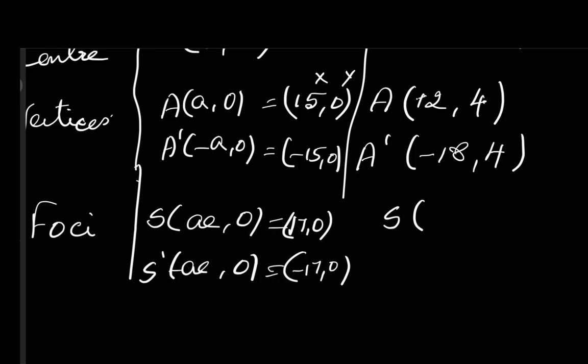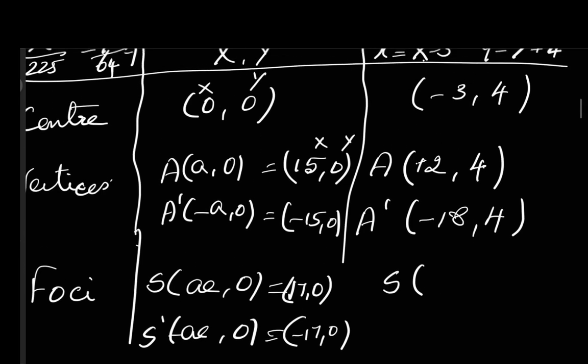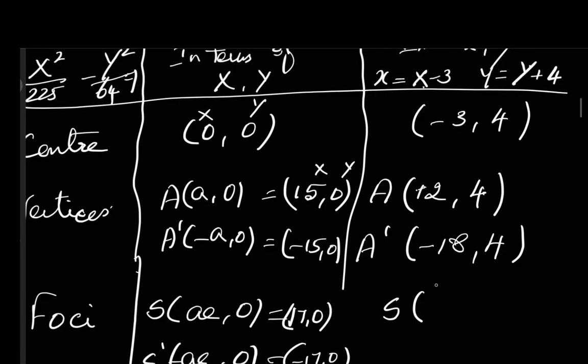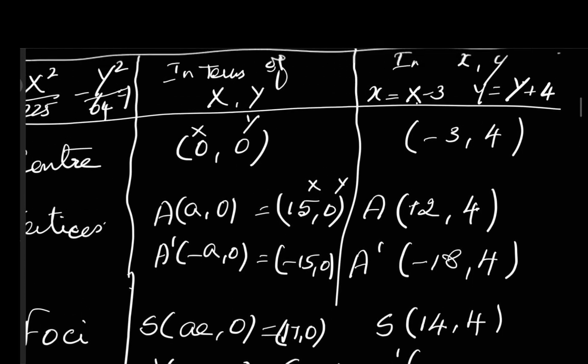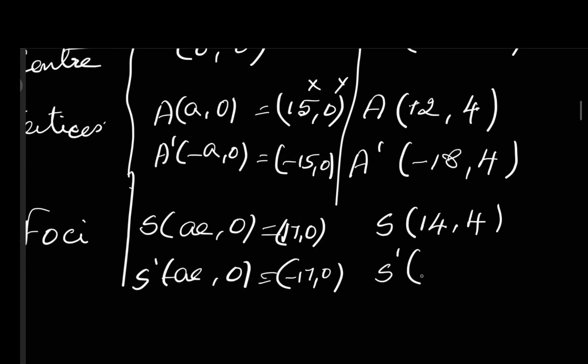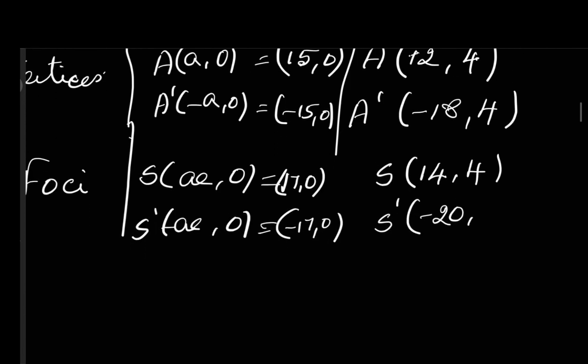Substitute in terms of small x and y. Capital X is 17 minus 3, that is 14, and capital Y is 0, so 0 plus 4 is 4. Then what about S dash? Minus 17 minus 3 is minus 20, then again 0 plus 4 is 4. These are your foci.